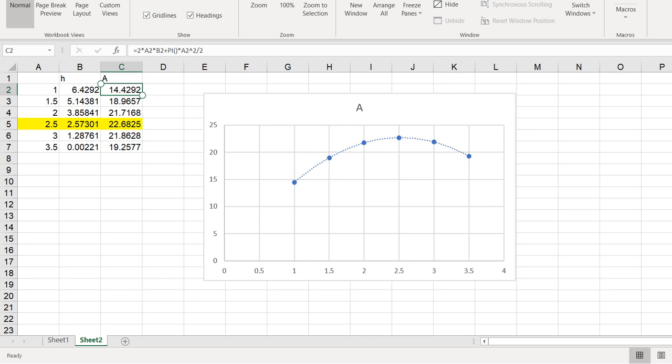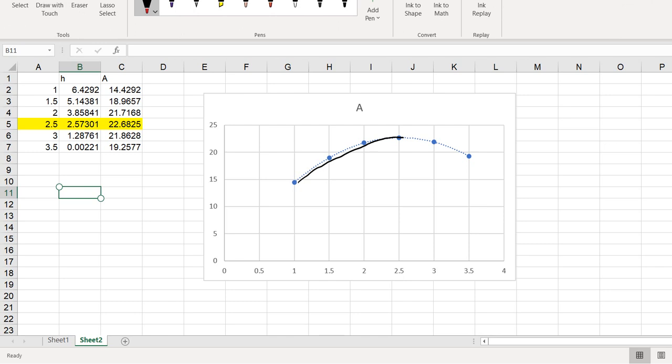Now I plug in the numbers there, then I create a plot. If you look at the values, you can see that at 2.5 is the place where we have the maximum area, which is 22.68. In the graph, you can see that it reaches a maximum here, and that max happens at 2.5.